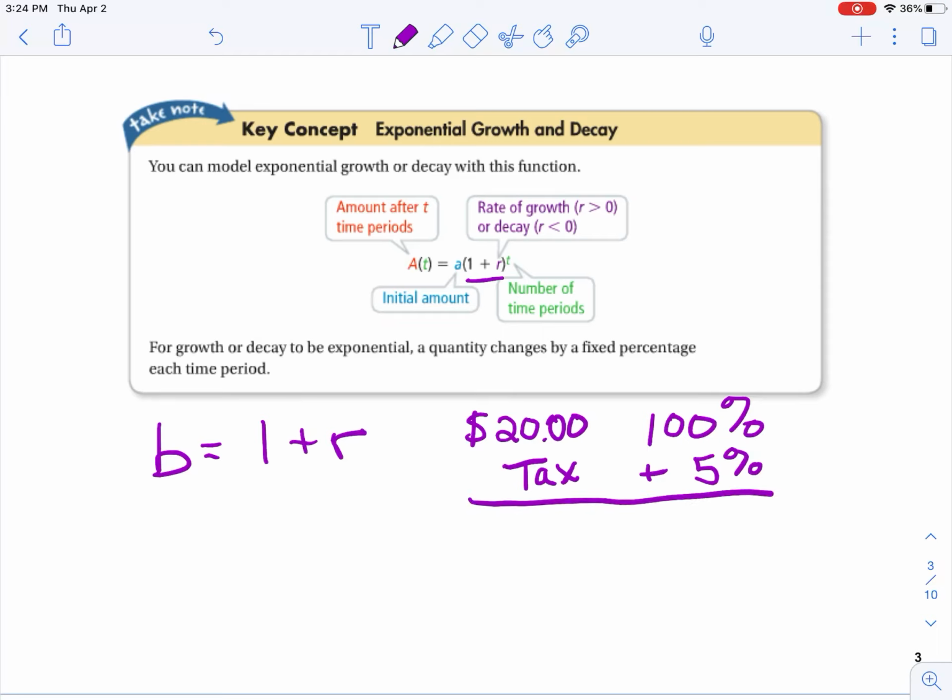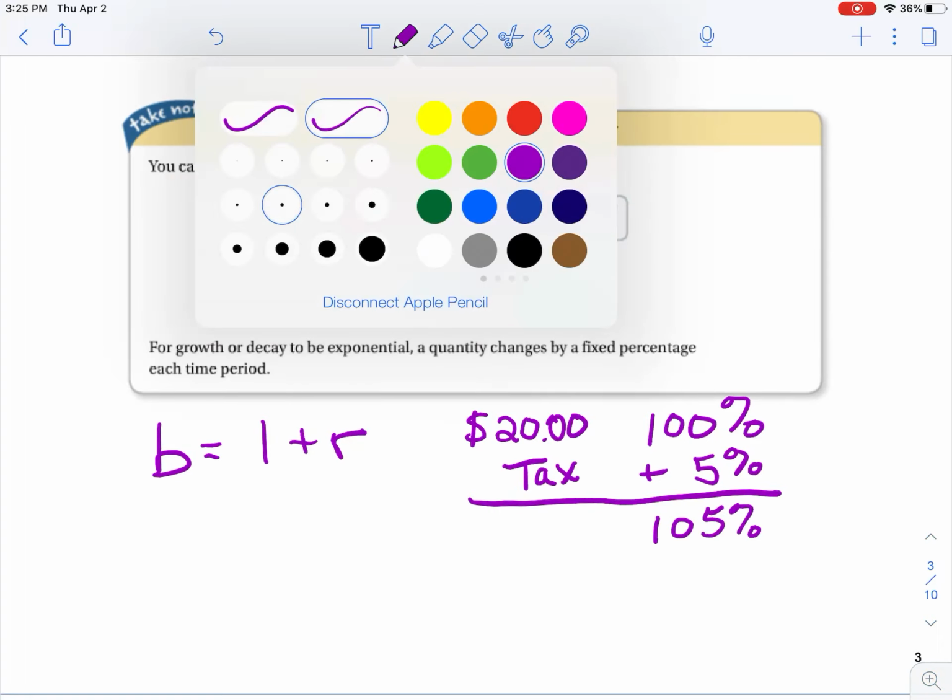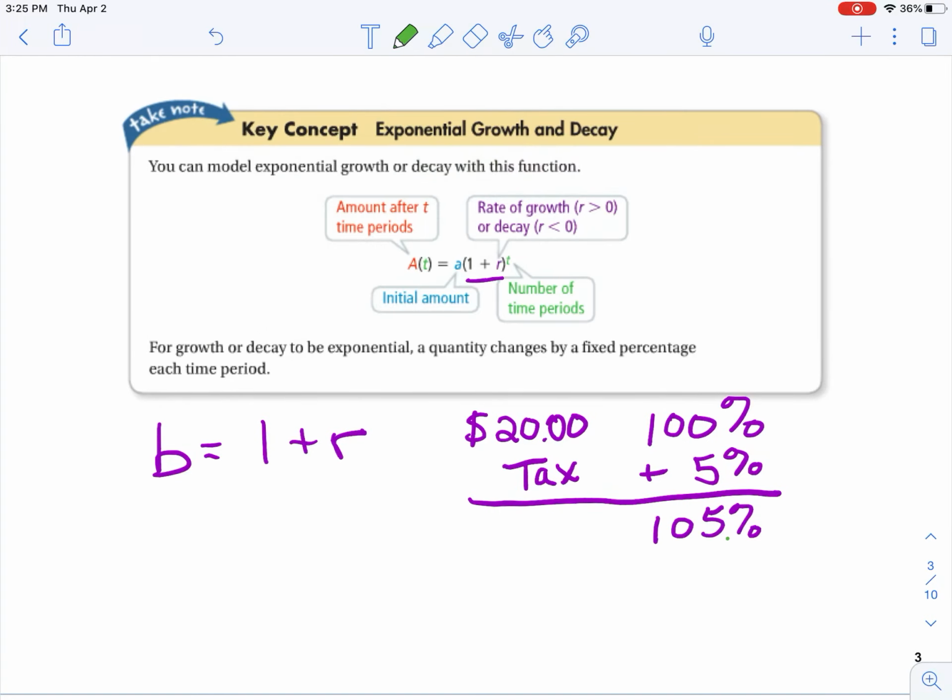So when we purchase our sweater, it's going to consist of 105% of the price, which is the same thing if I move my decimal and make this, instead of a percent, a decimal, I'm going to move it twice, which is 1.05. And that's what we're looking at right here. We have our 1 plus our rate.